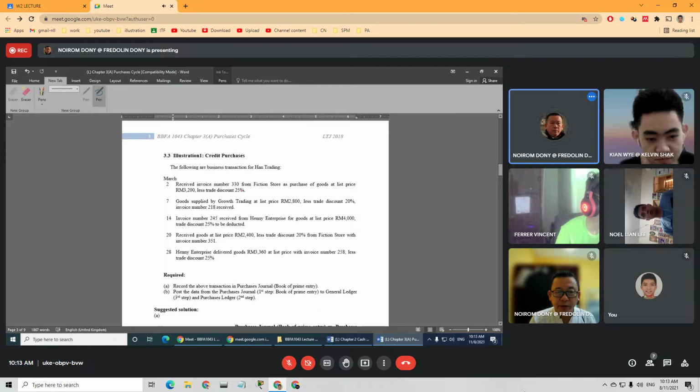Meaning we have to record the above transaction in the purchases journal, and then after that post the data from the purchases journal. First step, book of prime entry, then to the purchases ledger second step, and the general ledger third step.